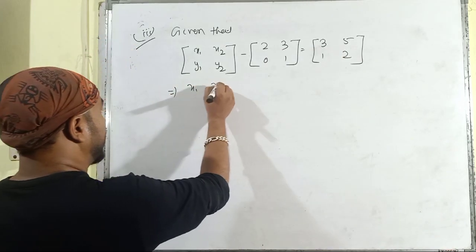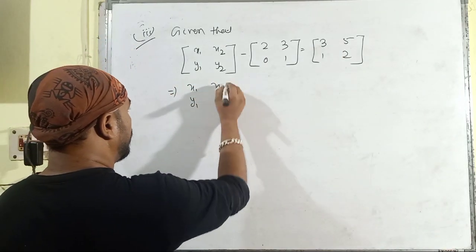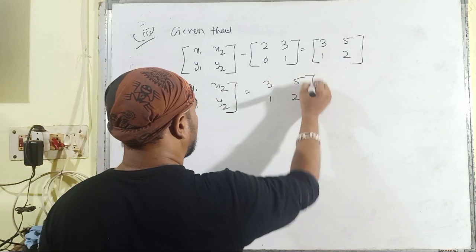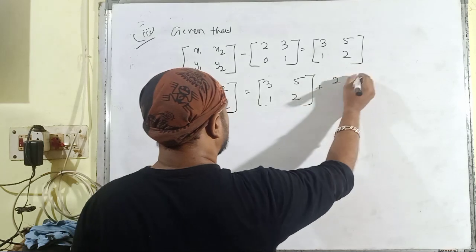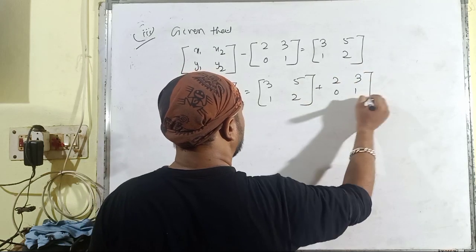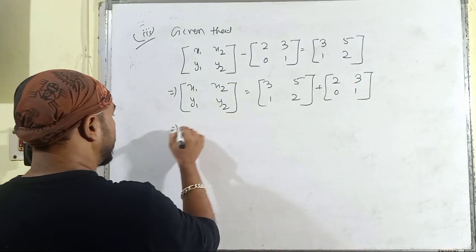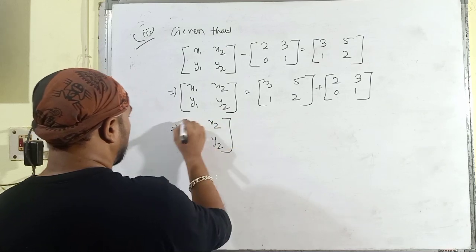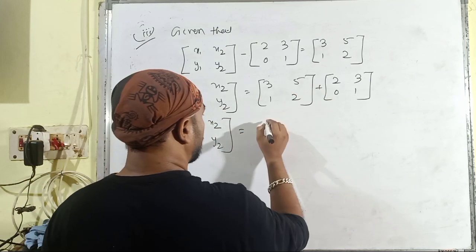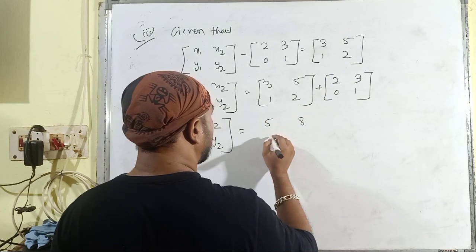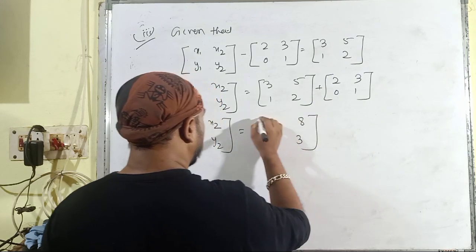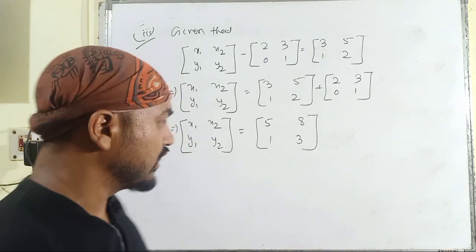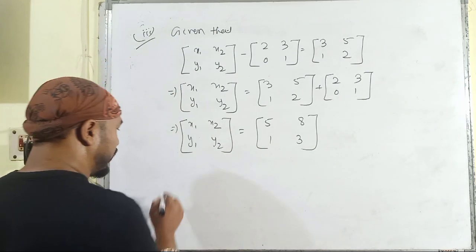Then [x1 x2; y1 y2] will be equal to [3 5; 1 2] added with [2 3; 0 1]. Then x1 x2 y1 y2 will be equal to 3 plus 2 is 5, 5 plus 3 is 8, 1, and 3. Then again we apply the equality property of matrices, and we can find these 4 values.